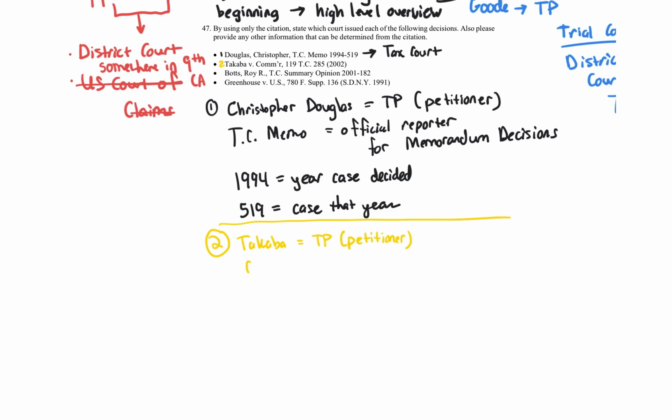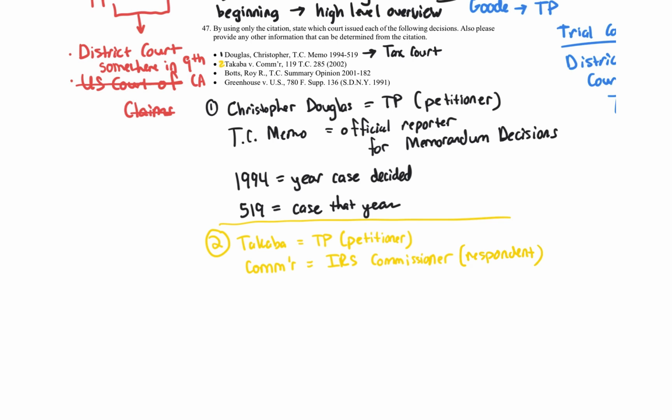We know that Commissioner is, of course, the IRS Commissioner, and that is the respondent. Remember that the Commissioner is always the respondent in a tax court case. So if you ever find a citation at an appeals level with the Commissioner in it, that means it started at the tax court. And most of them that deal with tax issues do start at the tax court.